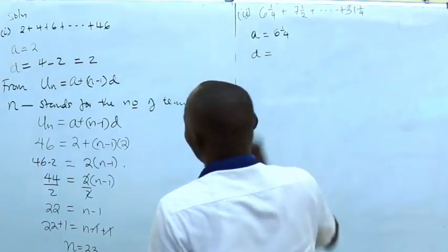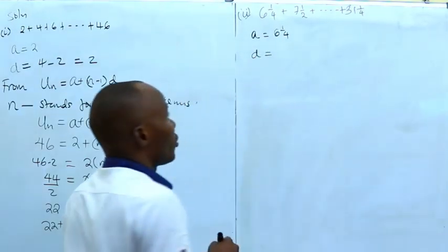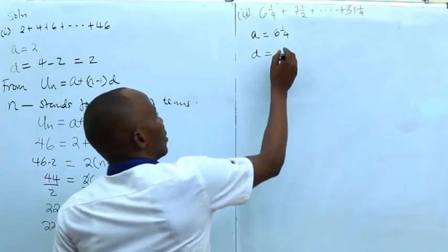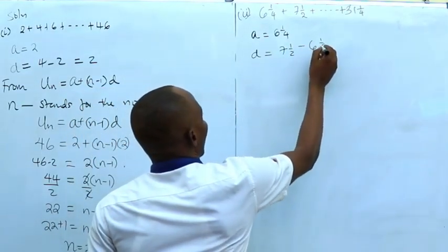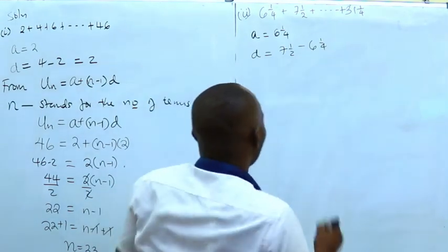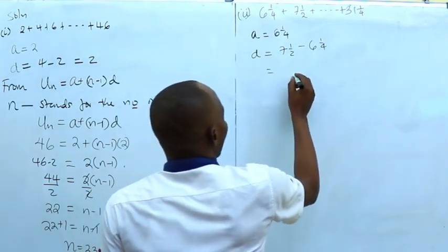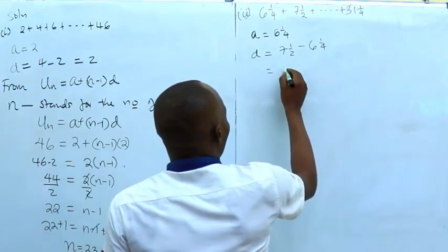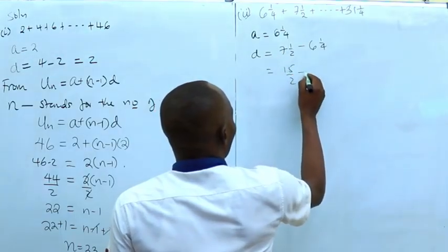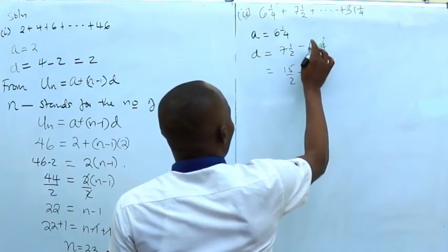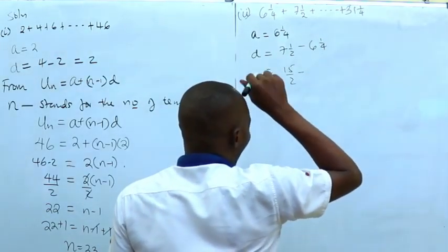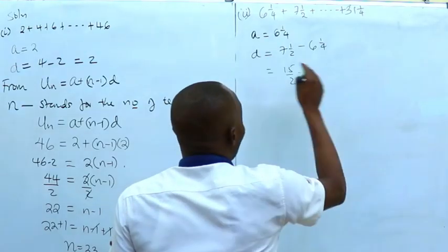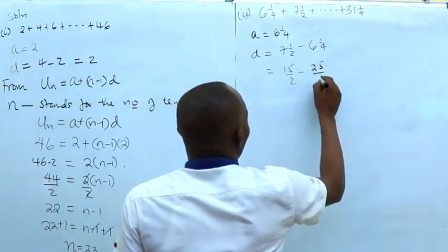D, which is the common difference, we say that one is given by 7 and a half minus 6 and a quarter. These are fractions, so you can put it as 7 and a half, that is 15 over 2, then minus 6 times 4 will give you 24 plus 1, 25 over 4.